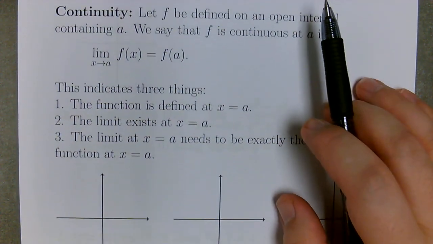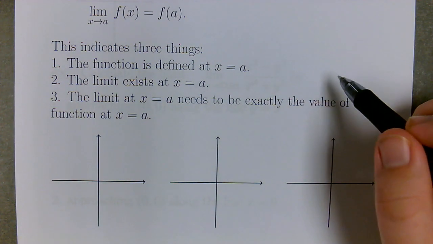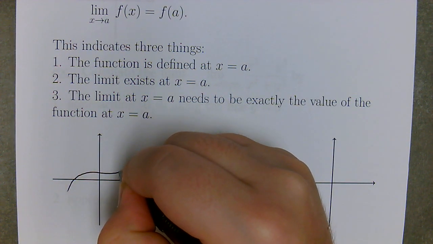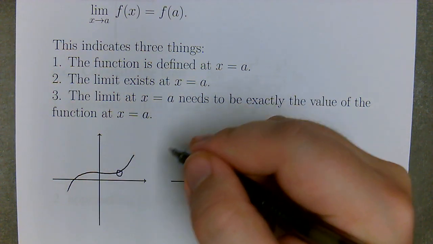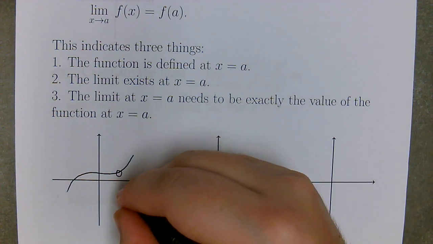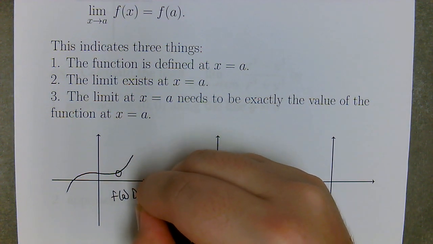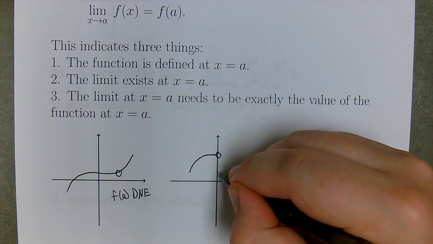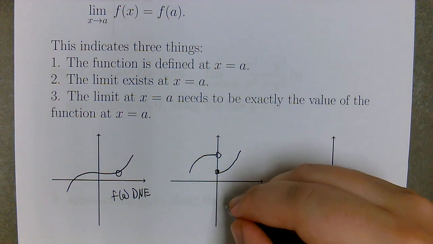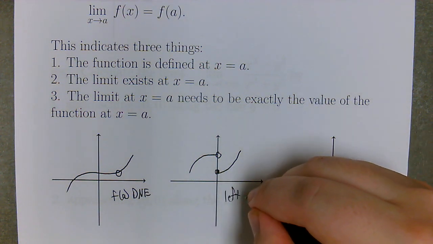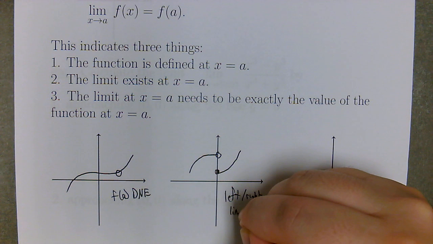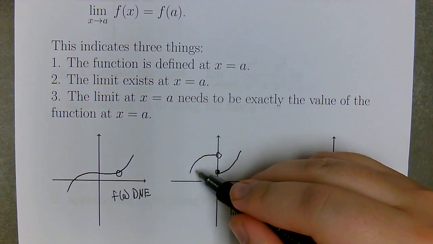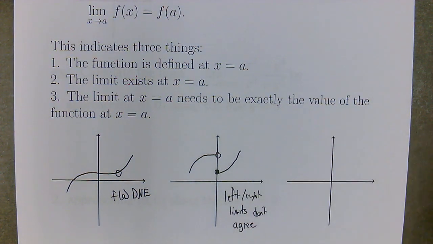All right, so to illustrate the ways that this could not work, there's a few ways that this could fail to be continuous. The first way is in which we could have a hole right here, and we could say that f of a does not exist. Another way in which we could be discontinuous is maybe our limits on the left and right don't agree. Just coming from this side, we think we're going to get a higher value than if we come from this side.